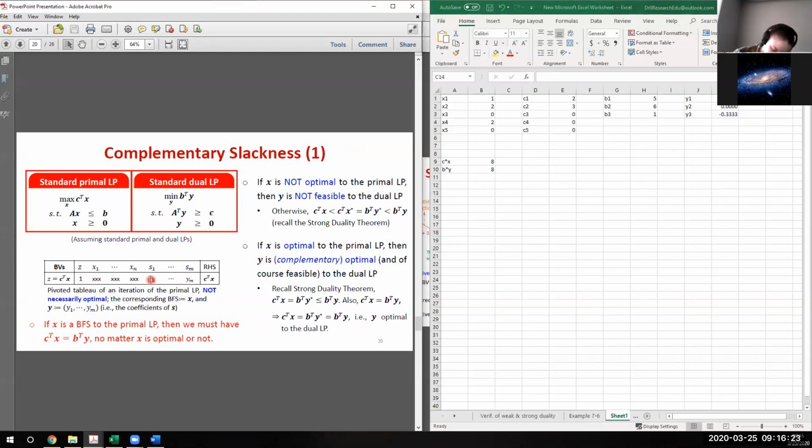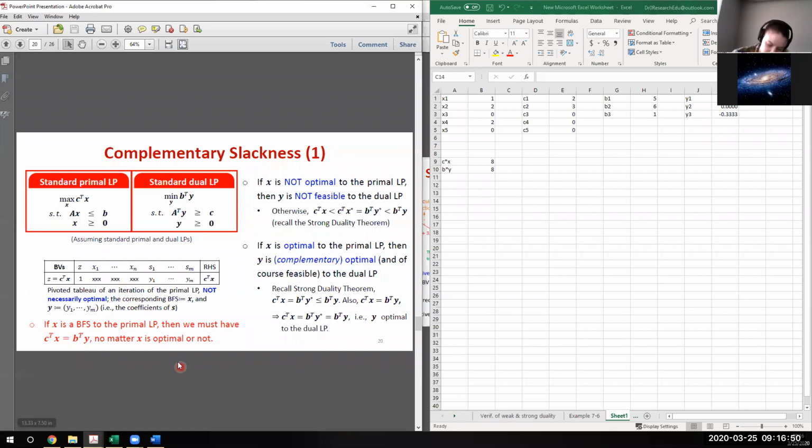So I define these Yi's to be the coefficients of the slack variables in a pivoted tableau. Again, be careful. I said a pivoted tableau. This means first, of course, it's pivoted. Second, it's not necessarily an optimal solution. It's just any pivoted solution, okay?